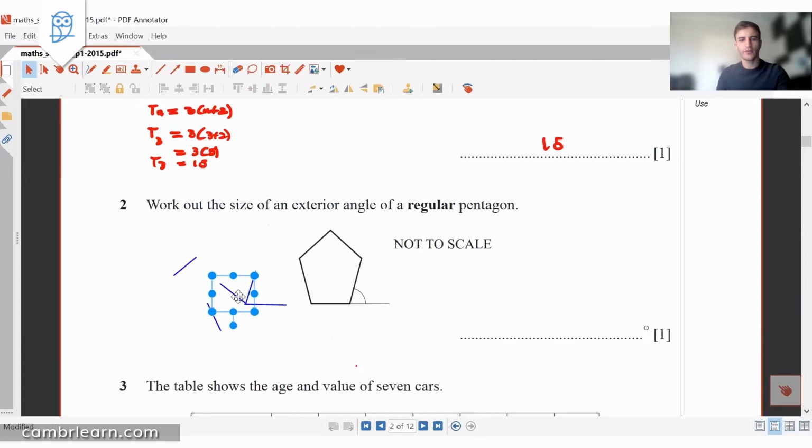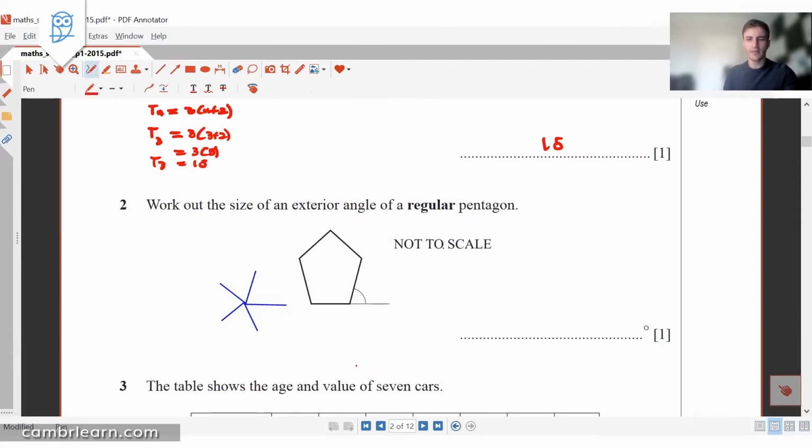This is a good way to visualize how we can calculate the exterior angles. We can see that they sum to 360 degrees. So if we want to calculate one of these exterior angles, we say that the sum of my exterior angles is equal to 360 degrees.